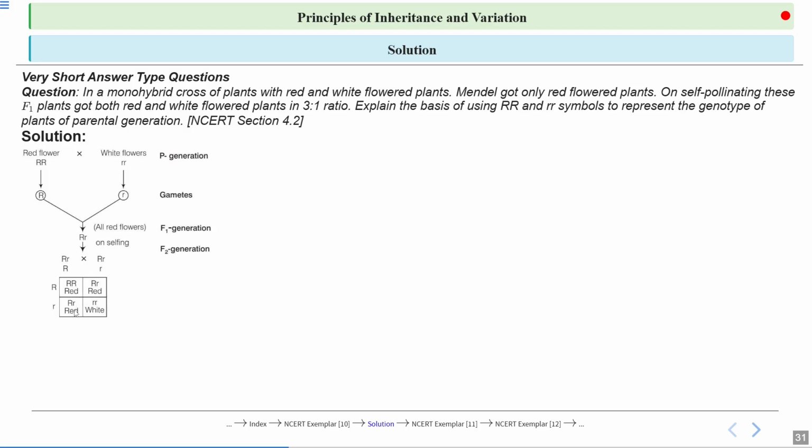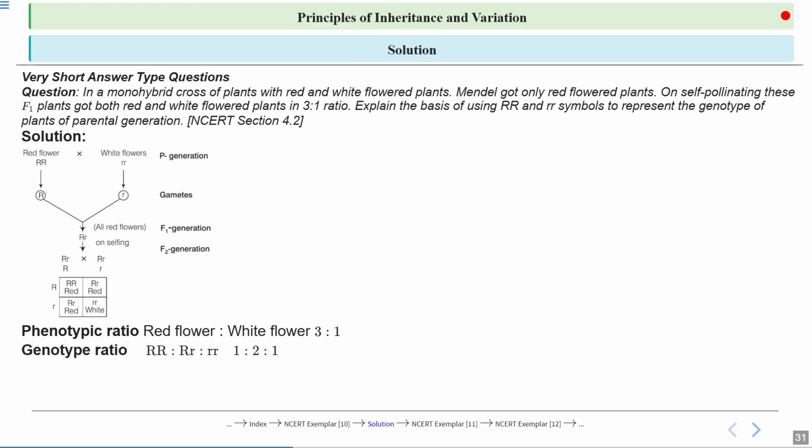So 3 will be red, which is the dominant trait, and 1 will be the recessive trait, which is white. The recessive trait is only observed in the homozygous condition, when both the recessive alleles are present together. So here you get the phenotypic ratio 3:1 and the genotypic ratio is 1:2:1.